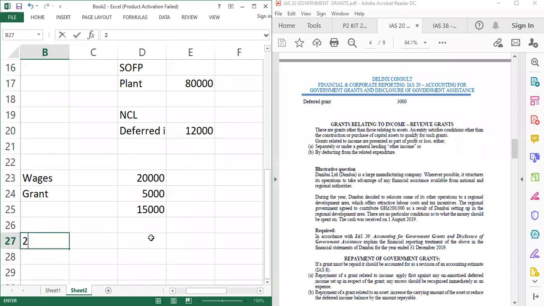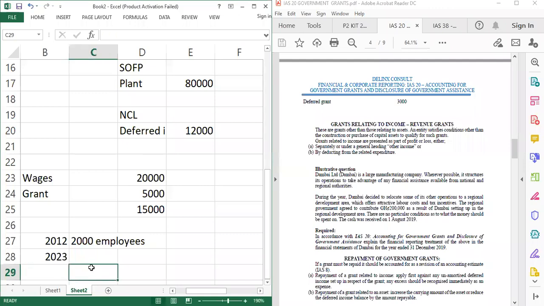Maybe in 2012, the entity has incurred expense, or they say that any entity that employs more than 2,000 employees will be given a grant. And the entity has employed these people in the past. And the government is now giving a grant in 2023 for any entity who has ever employed more than 2,000 employees. And the grant is now 10,000.